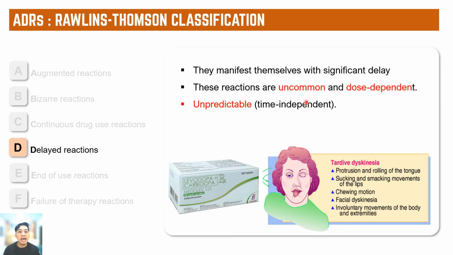This reaction is usually uncommon and dose dependent. The timing of type D reactions makes them difficult to detect. Sometimes there can be a considerable lag time between the termination of the treatment and the development of the condition associated with the therapy. The most common one is carbidopa that causes tardive dyskinesia.